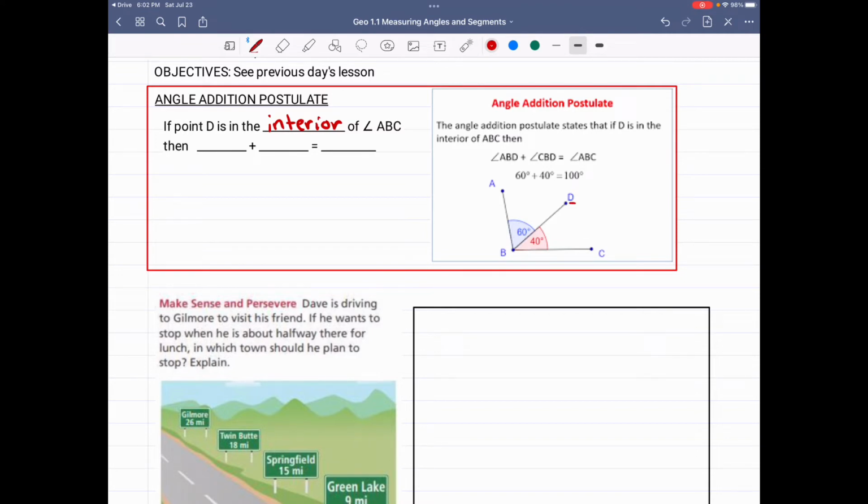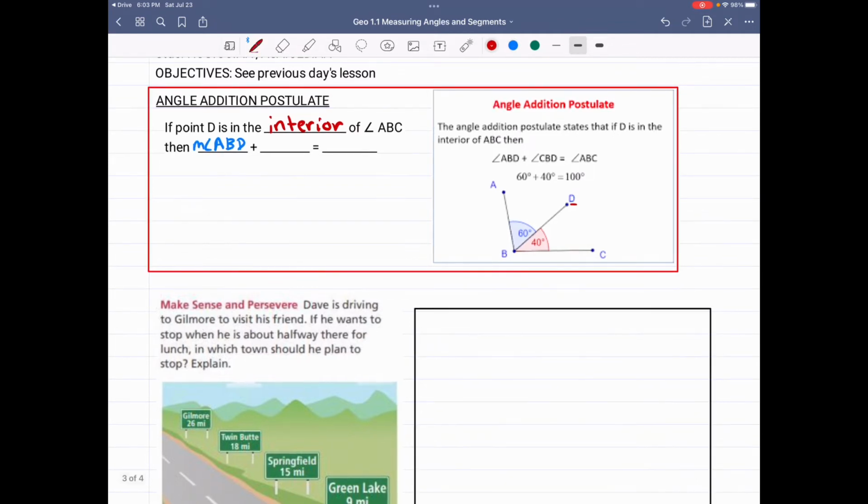of angle ABC, then the measure of ABD plus the measure of CBD, we add those together, then we get the whole angle.